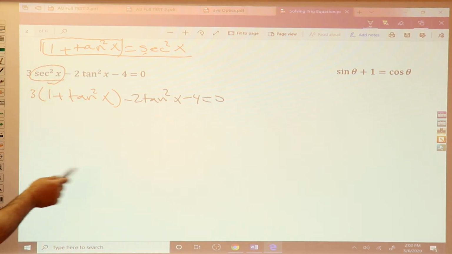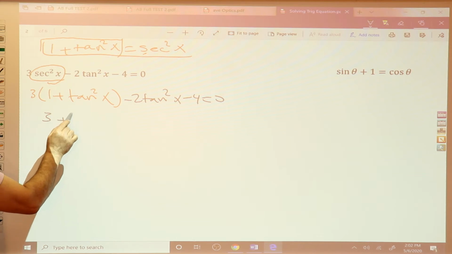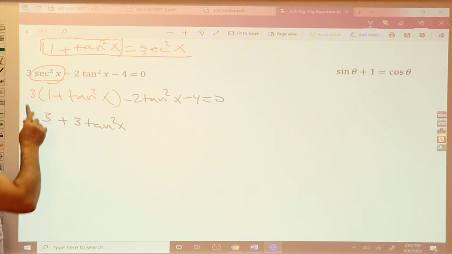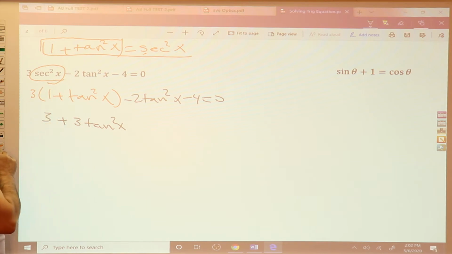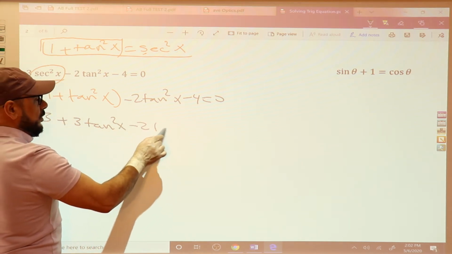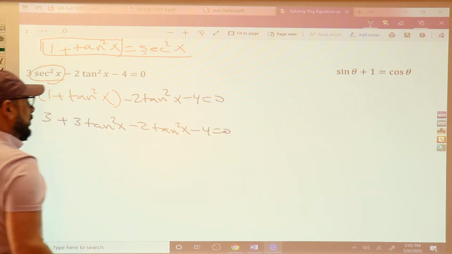Let us now solve this one. What I'm doing, guys, is the distributive property. 3 plus 3 tan square x minus 2 tan square x minus 4 equals 0.